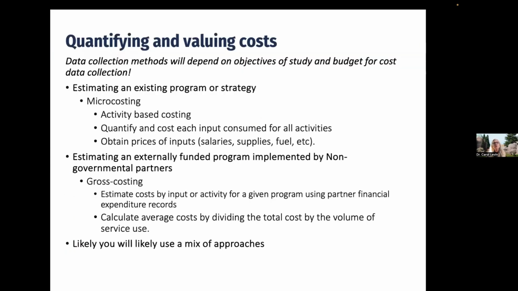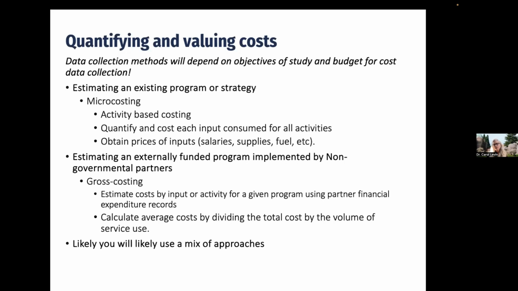So once you have identified what your costs are, you need to quantify. Once you identify what your various inputs and your activities are, you need to quantify and value these. So this is the art of costing. The data collection methods are not too untypical of what you may be doing through process evaluations, but it does depend on the objectives of the study and what is your budget and timeline for data collection.